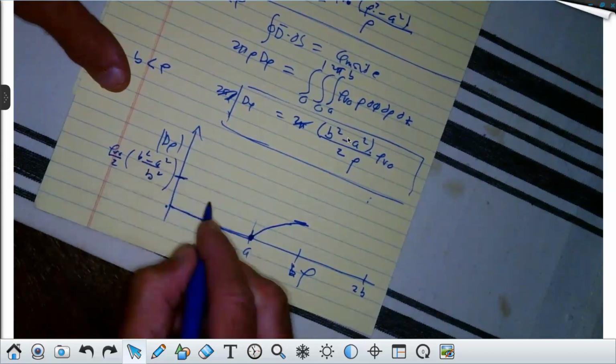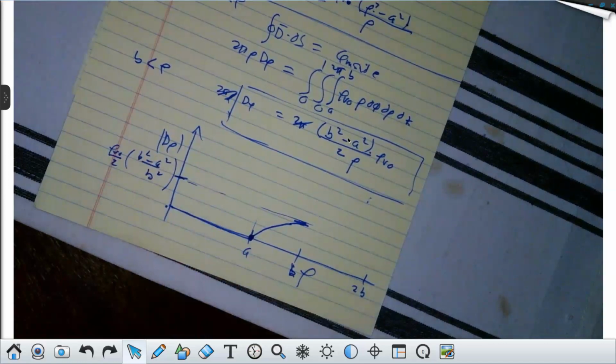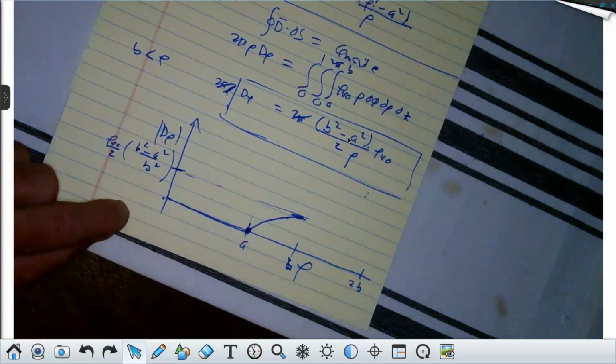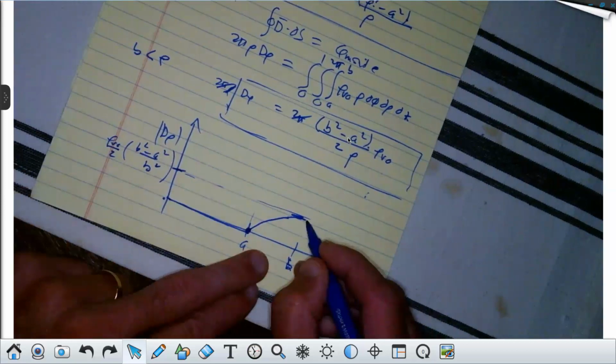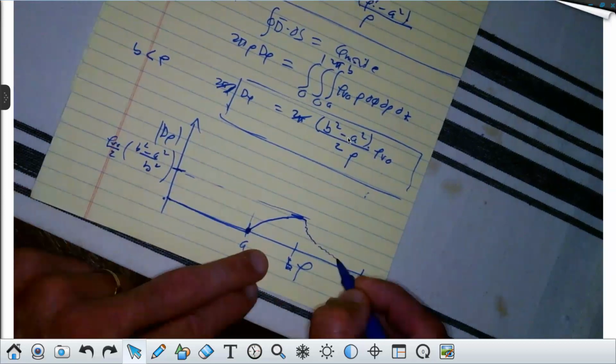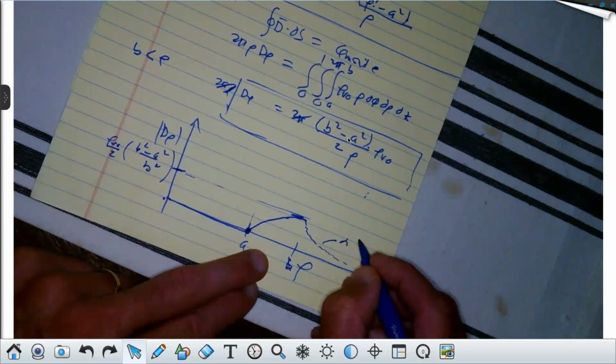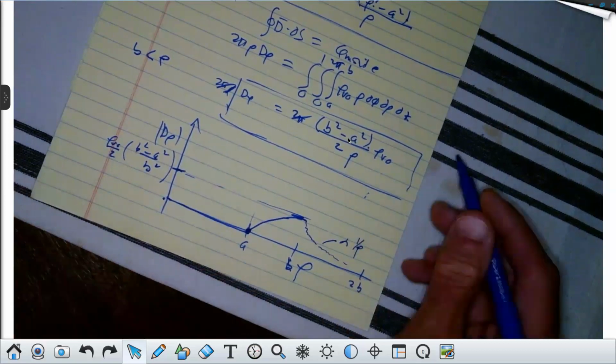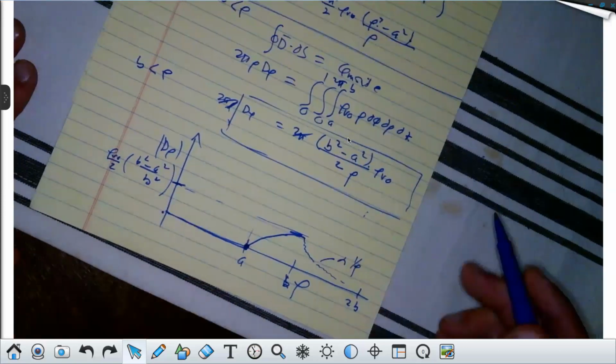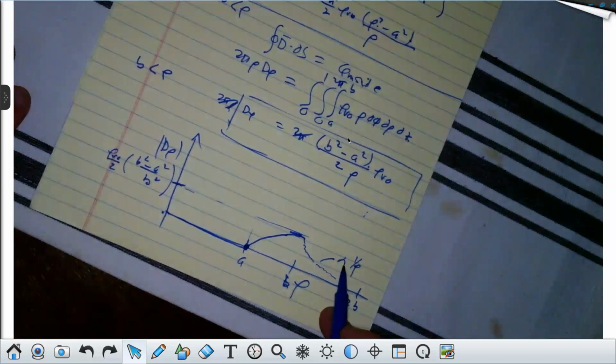That would be the peak value right here. Do you all see that? And then it would start falling off like this. And here, the falling off would be proportional to 1 over rho. And you understand that's a proportionality symbol, class?